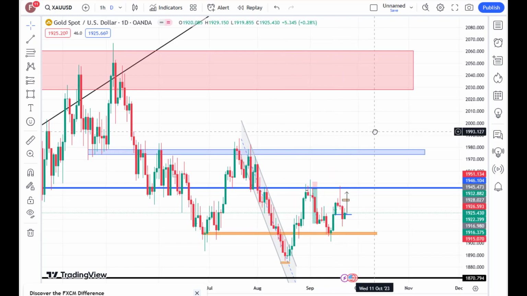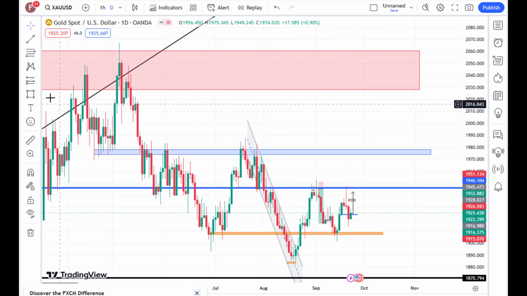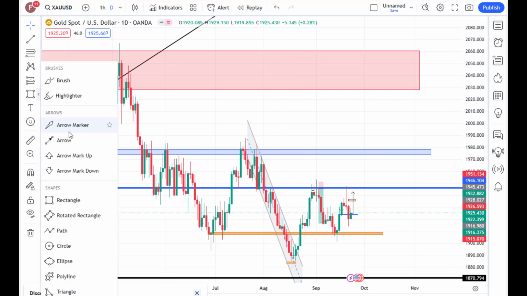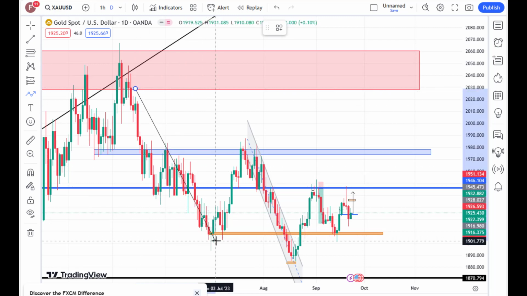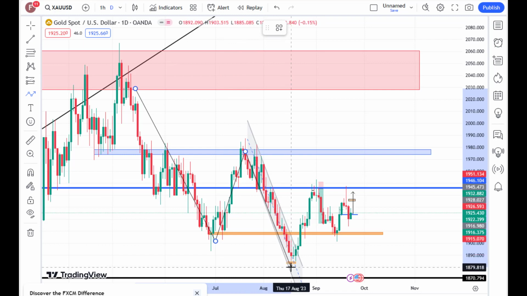Now if you look at it very well from the daily time frame, we have something like a head and shoulders pattern that has formed. This is how it appears. We have price head down, it goes up, it comes down and creates something like a head. Then it went back, broke above this zone here, and then created this zone, and then came back and rejected around this shoulder, which at the moment looks like the second shoulder.